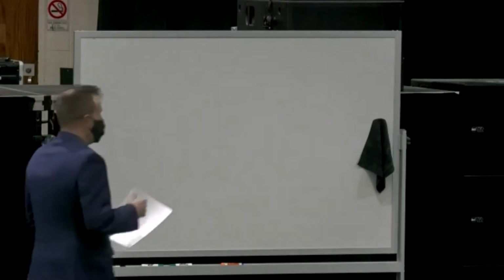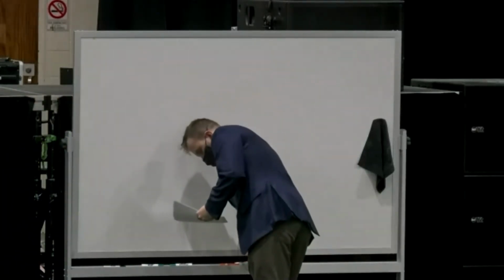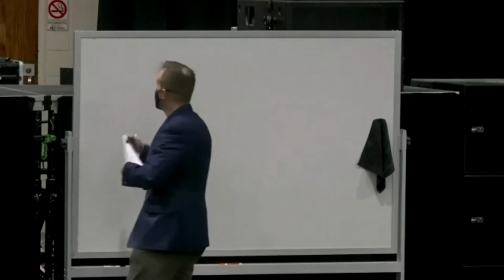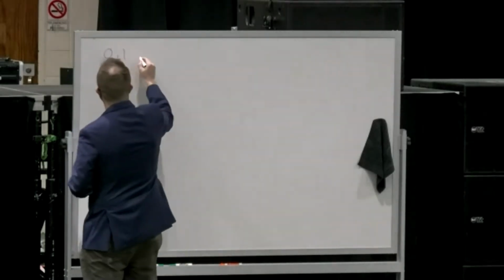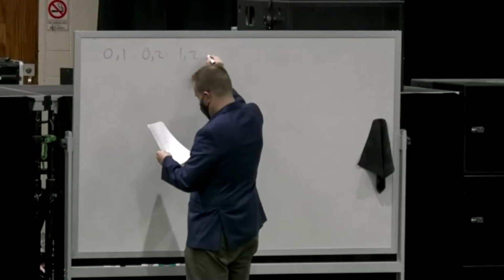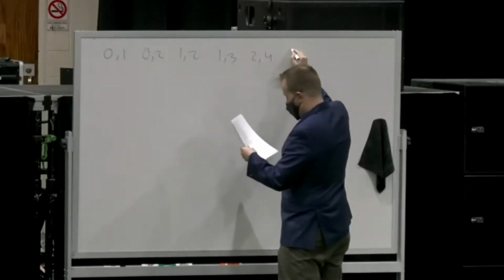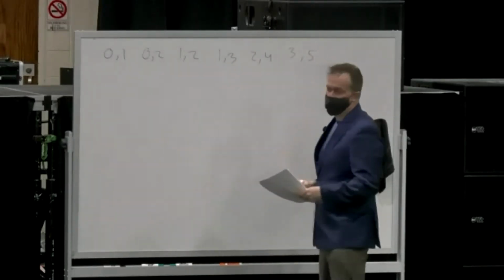In main you're going to see that I have a vector of standard pair of integers. In that vector, it looks as follows. I'm going to write this up at the top: 0, 1, 0, 2, 1, 2, 1, 3, 2, 4, and 3, 5.